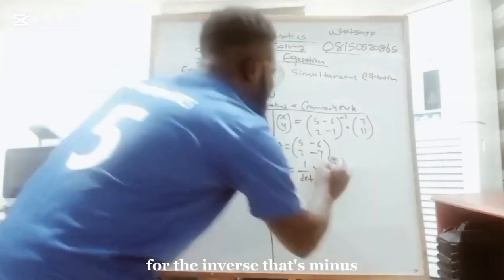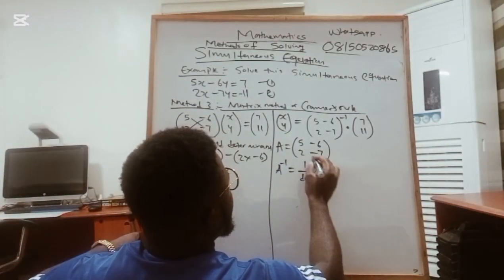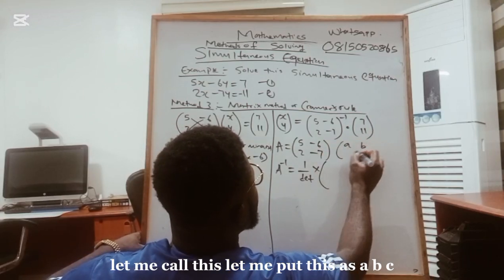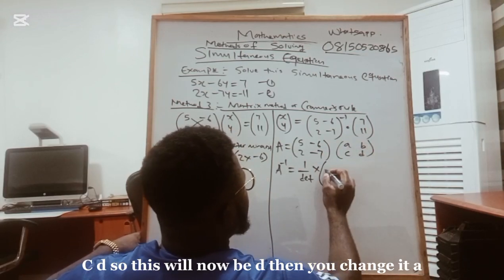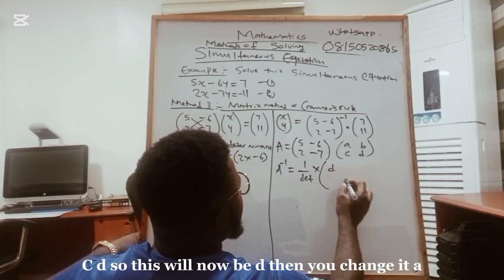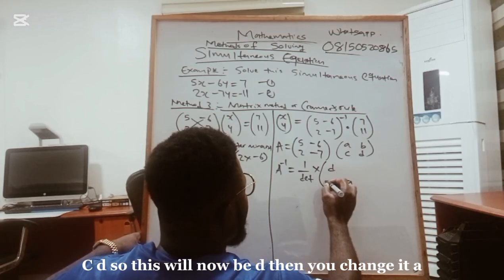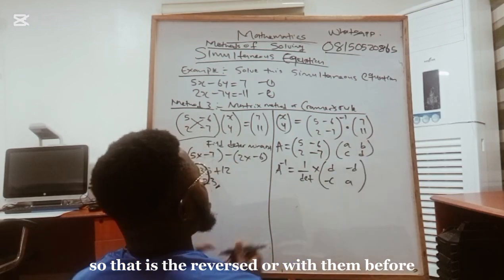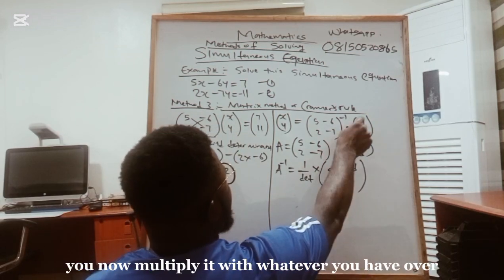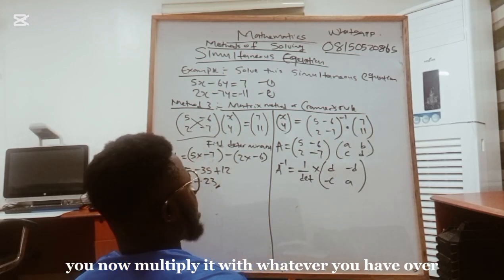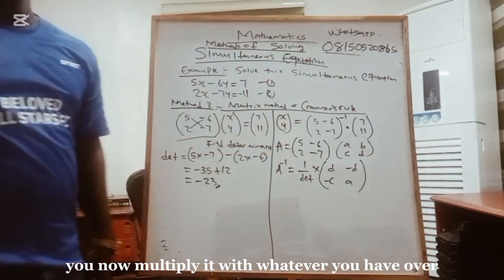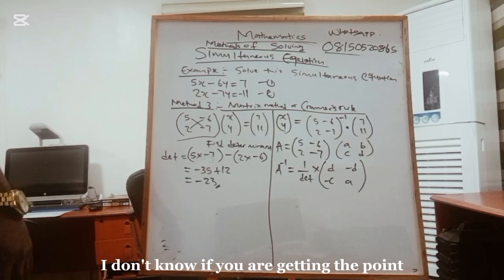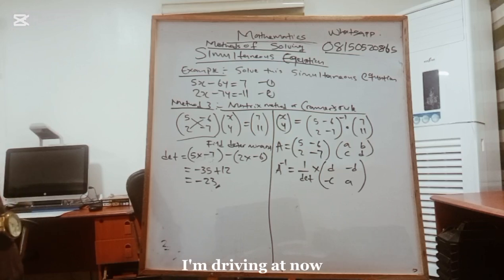For the inverse, let me put this as A, B, C, D. So this will now be D, then you change it A, then you have minus C and minus B. So that is the reverse of it, before you now multiply it with whatever you have over there. I don't know if you are getting the point I'm driving at.